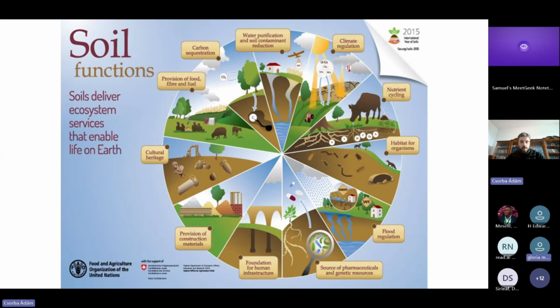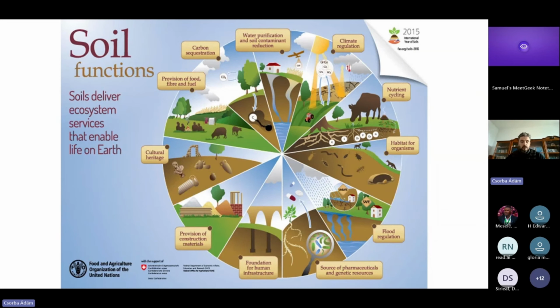Soils provide a habitat for countless organisms as well, for microbes, insects, and larger animals. This biodiversity is what keeps many soil processes functioning. Soils are also sources of raw materials and biological resources, including construction materials and even pharmaceutical and genetic resources.